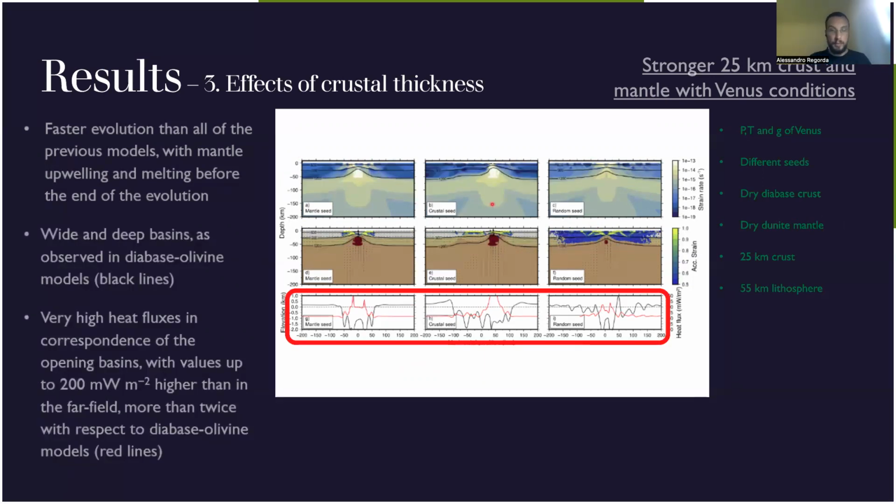And as in previous models, the topography shows a deeper basin, and there are no peaks in the central part of the basin, and also the heat fluxes in red are higher inside the rifting basin. In this case, up to 200 milliwatt per meter square.